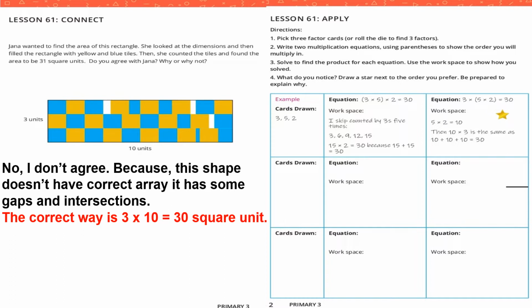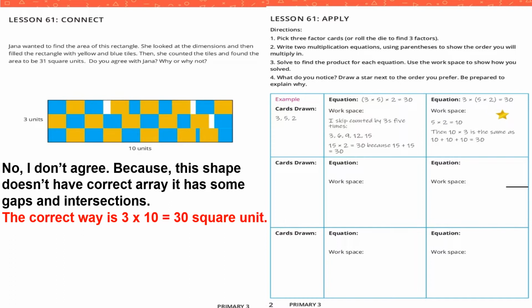In lesson 61, apply. Here he wants me to apply the associative property, and he is giving me some examples. We have 3 numbers, and we want to apply the associative property. In the first example, we have 3, 5, and 2.